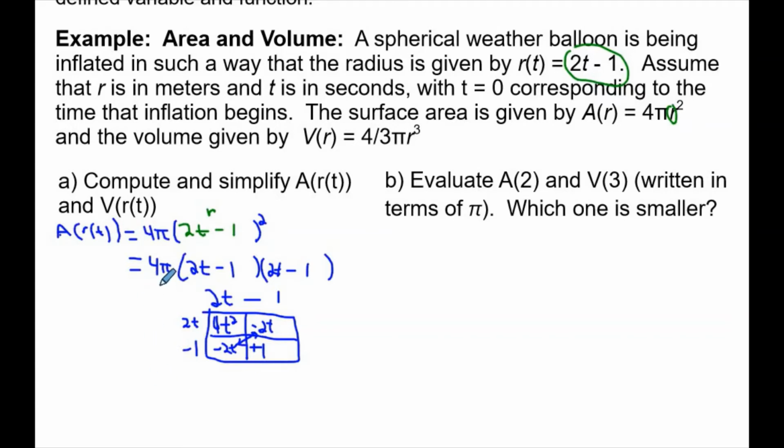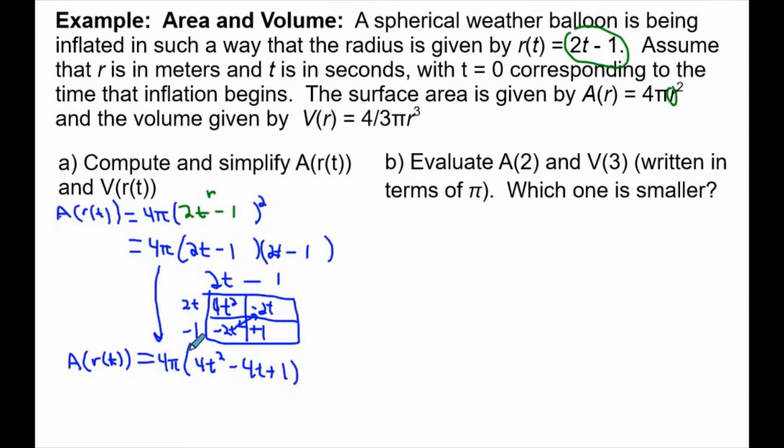So the items that we have not used are the 4 pi. We're just going to drop those down. So the area model, A of r of t, is going to be equal to 4 pi, and then we're going to add our like terms up. So we'll have, in a parentheses, 4t squared. These two are like terms, so they add up to negative 4t, and then plus 1. And then the last thing we're going to do is distribute the 4 pi in, because remember, we're going through GEMDAS, did the grouping, did the exponents, now we're going to do the multiplication.